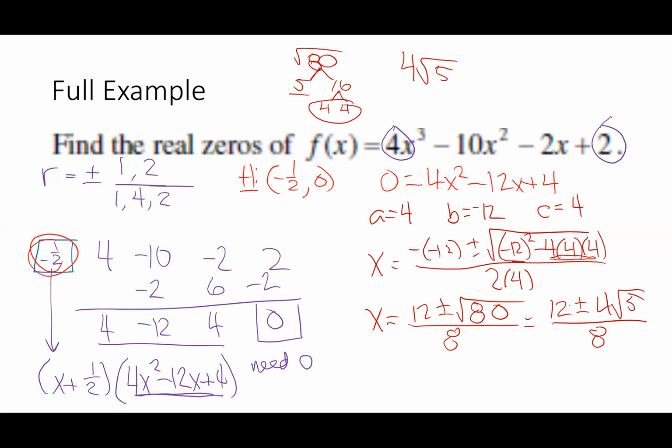So I can reduce this 12. Everything has a 4 in common. So x now comes out to the 12 and the 8 reduce to 3 plus or minus the square root of 5, over 2. And now guess what?